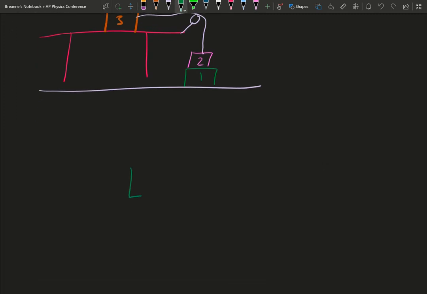So let's draw block 1. It does have a little dot, so everything's coming from the dot. So hopefully the first force you draw is force of gravity. You're like, yep, we have a force of gravity. And then block 1 is sitting on the ground, so we should have a force of normal.